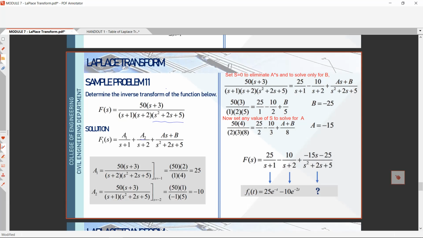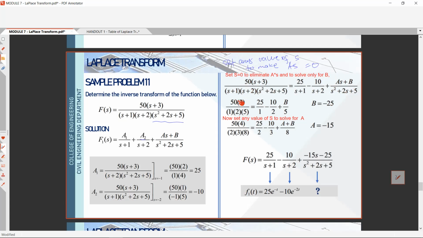So, set any value of s to make As equal to 0. Of course, to make this zero, you set s equals 0. Right? Therefore, substitute s equals 0 in all of these terms.